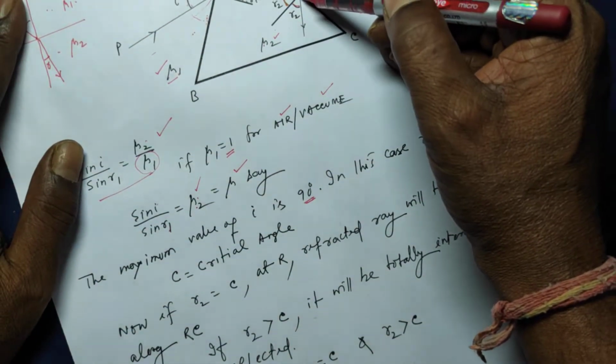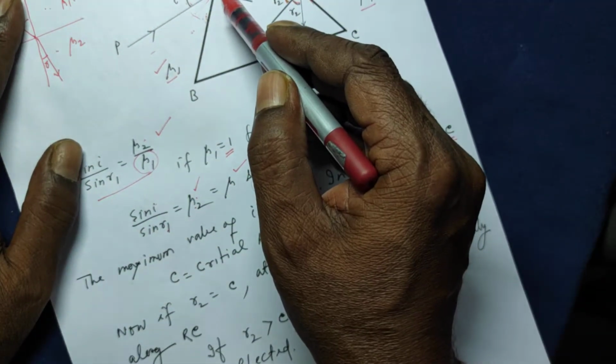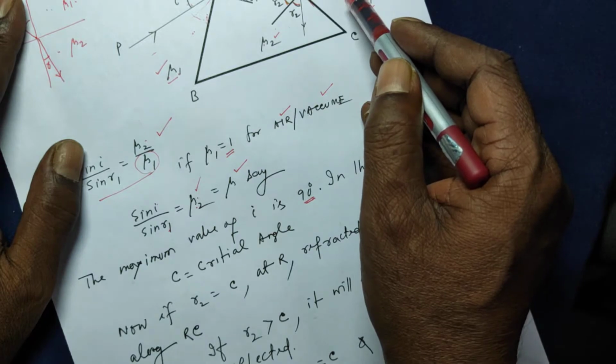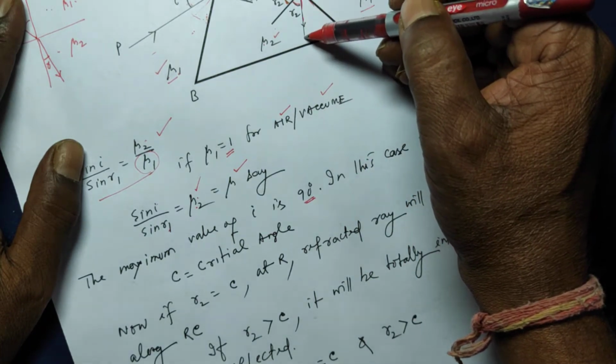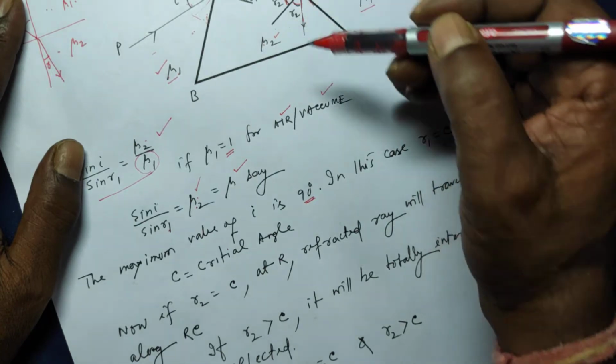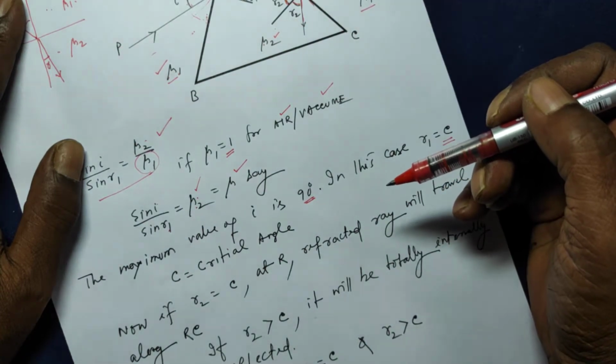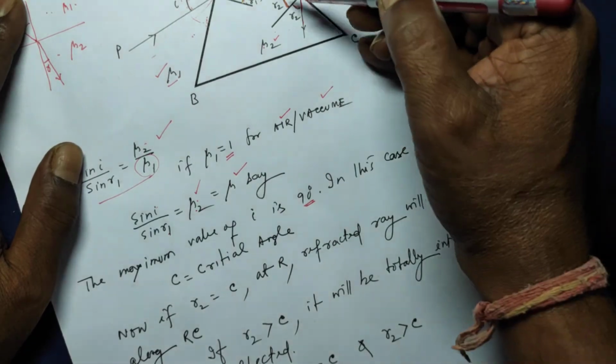Now, again at this point, for this refracted ray not to go to this side, that is, to be totally internally reflected, this must be greater than C. So now there is something interesting.